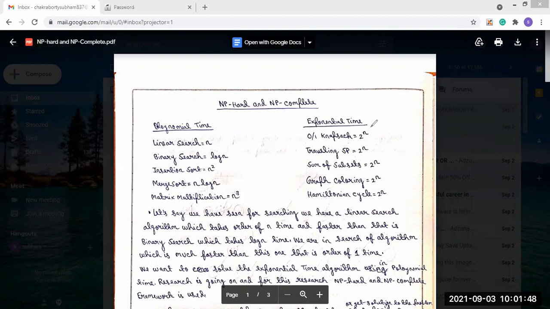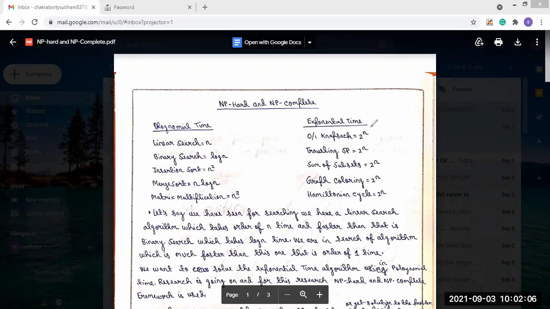And the next thing is, when we are unable to write algorithms for them that are deterministic, why do we not write non-deterministic algorithms? I will explain what deterministic is.